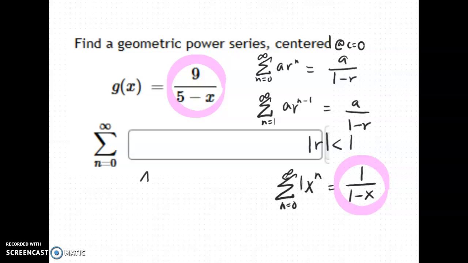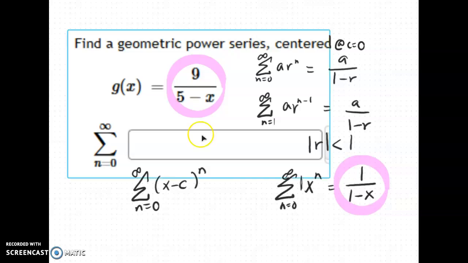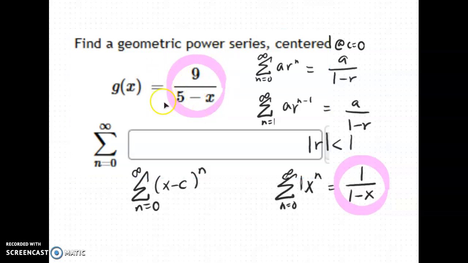If you want to write a power series centered at c, then it would look like this. But in our case, we have a center at 0, so our c is 0. So we want to write this function in the form of a over 1 minus r. And so how can we do that?